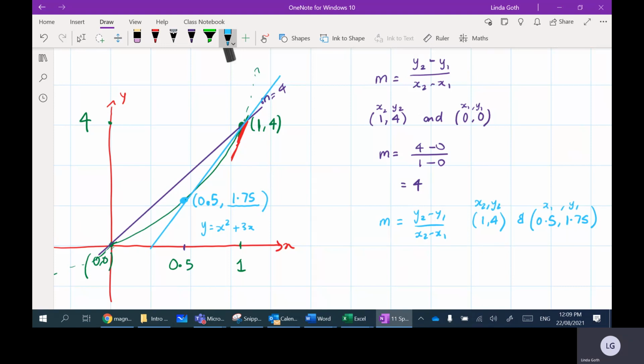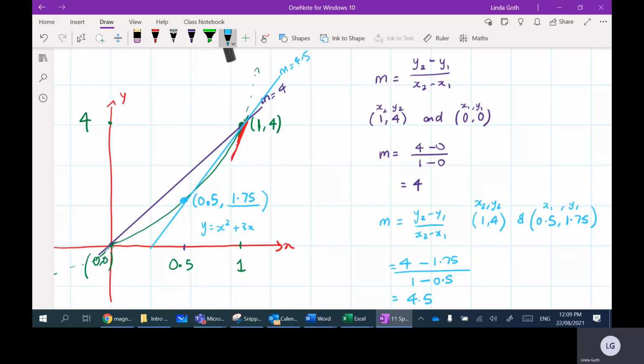So when I do that, I've now got 4 minus 1.75 over 1 minus 0.5. I do that on my calculator. 4 minus 1.75 divided by, and I get 4.5. So the blue line has got gradient m equals 4.5.